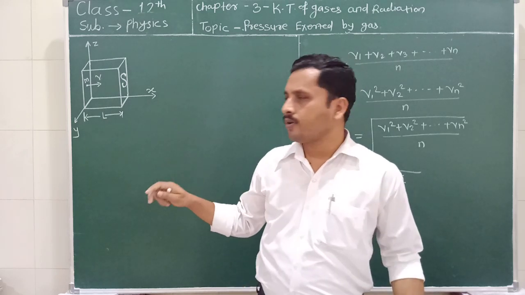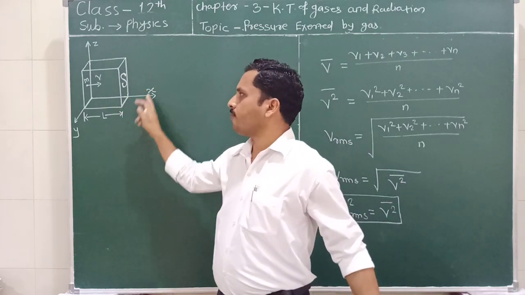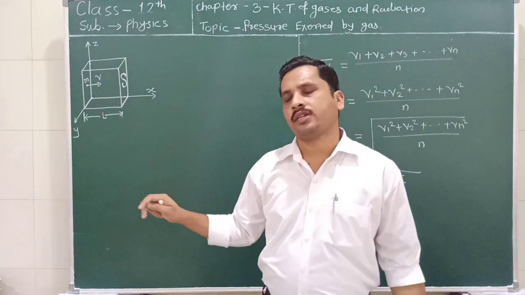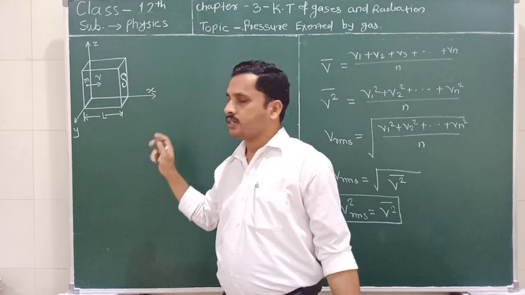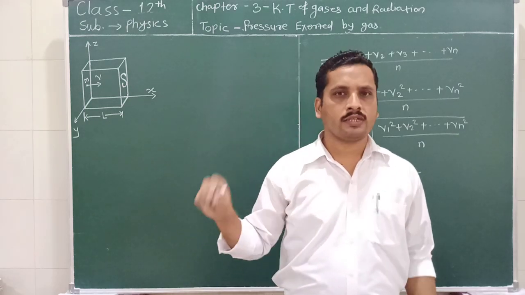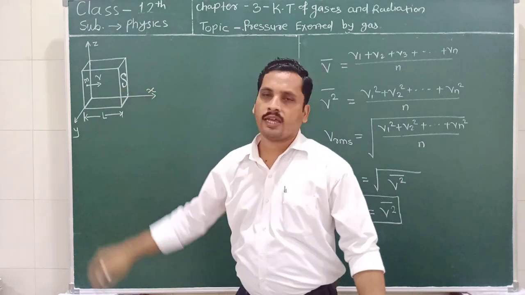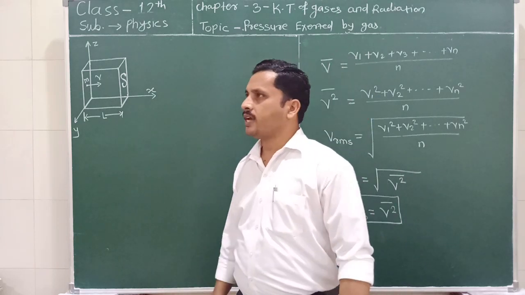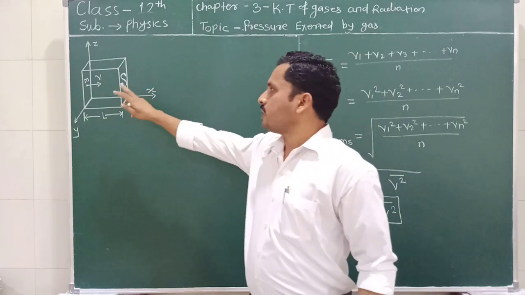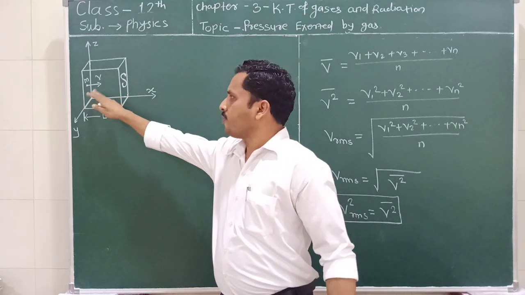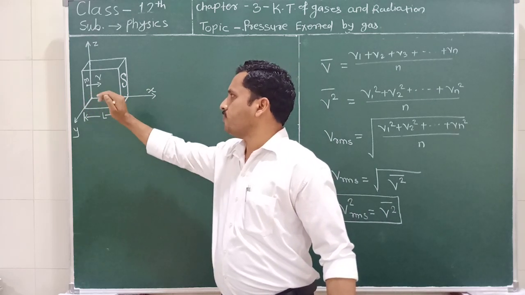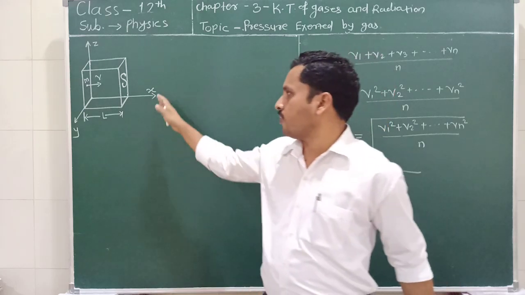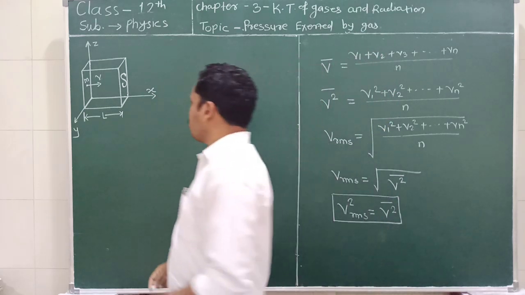If the total number of molecules is N, then the number of molecules along the x-axis is N by 3, along the y-axis N by 3, and along the z-axis N by 3. Suppose the mass of the molecule is m and the velocity is v, which is moving along the x direction.